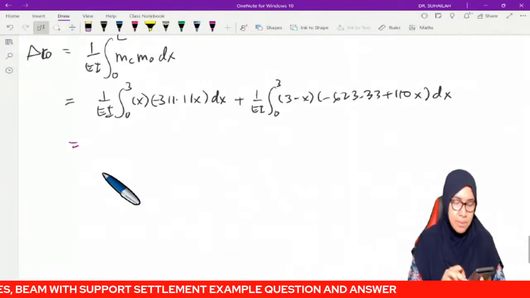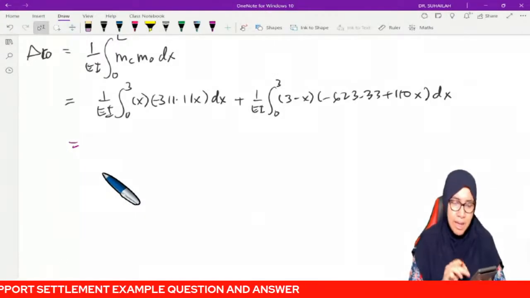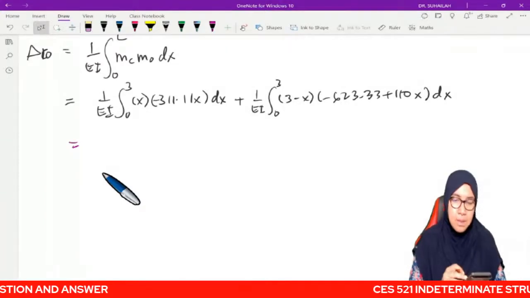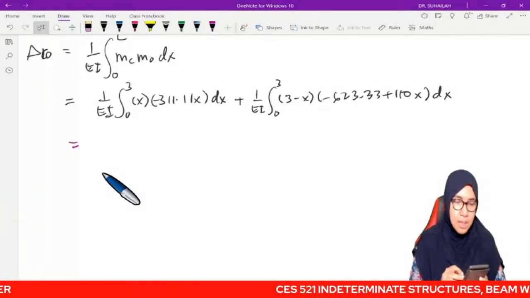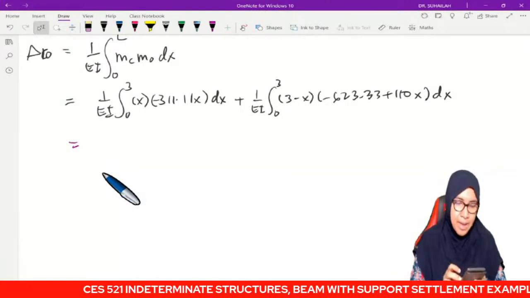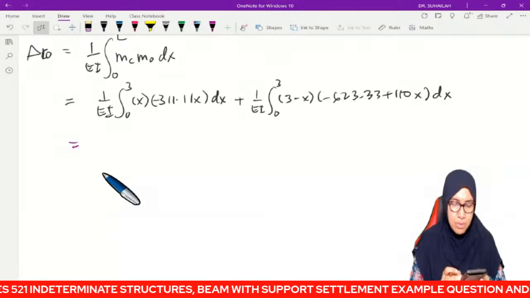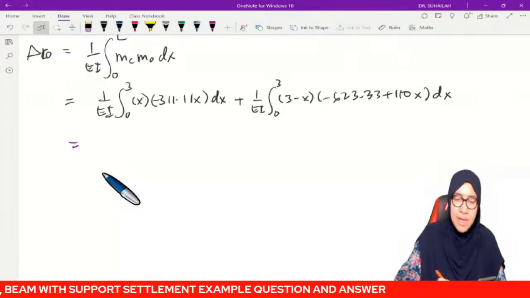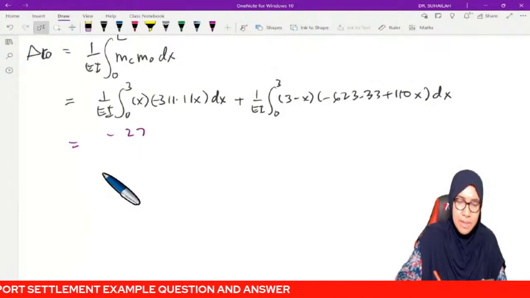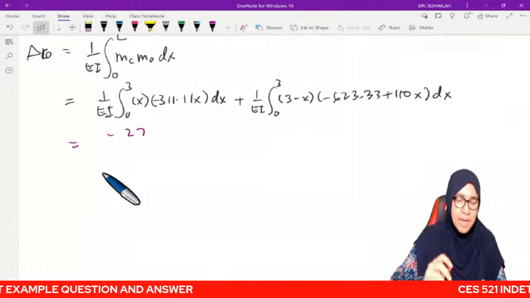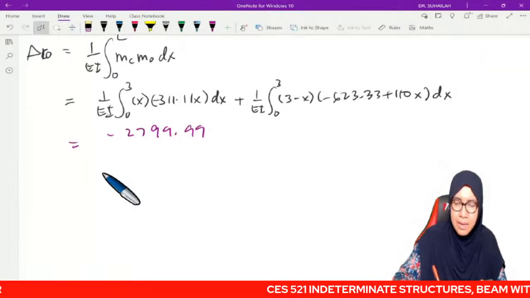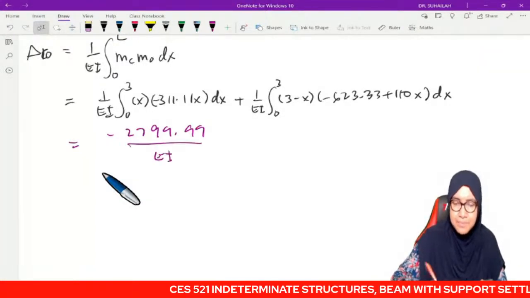We integrate x times negative 311.11x, limit from 0 to 3. The first value is negative 2799.99 over EI.